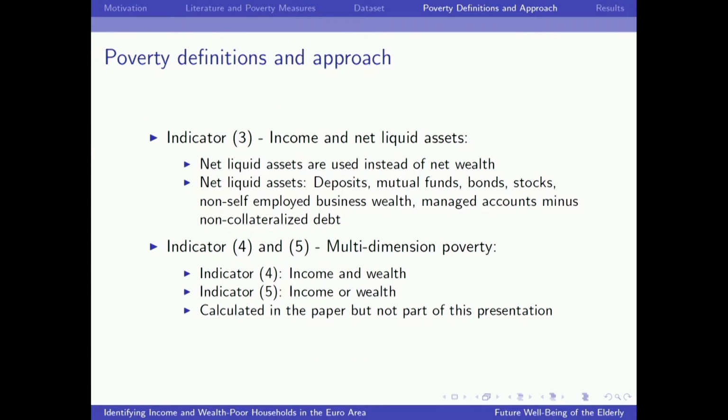So then there are three more poverty indicators we use, and I want to explain them briefly. Indicator 3 is income and net liquid assets. That is actually calculated in the same way as indicator 2. So here we use net liquid assets instead of net wealth. And net liquid assets are deposits, funds, bonds, stocks, non-self-employed business wealth, and managed accounts, and you subtract the non-collateralized debt.